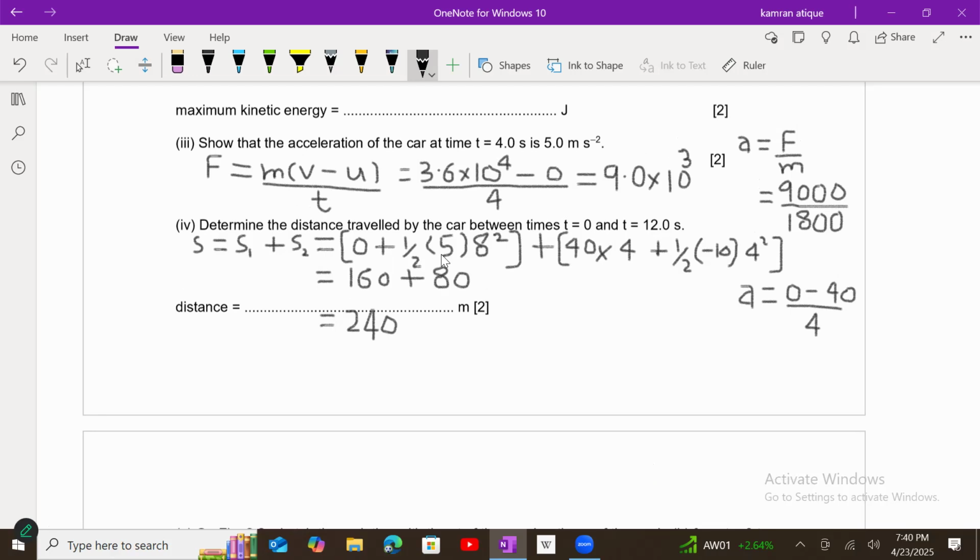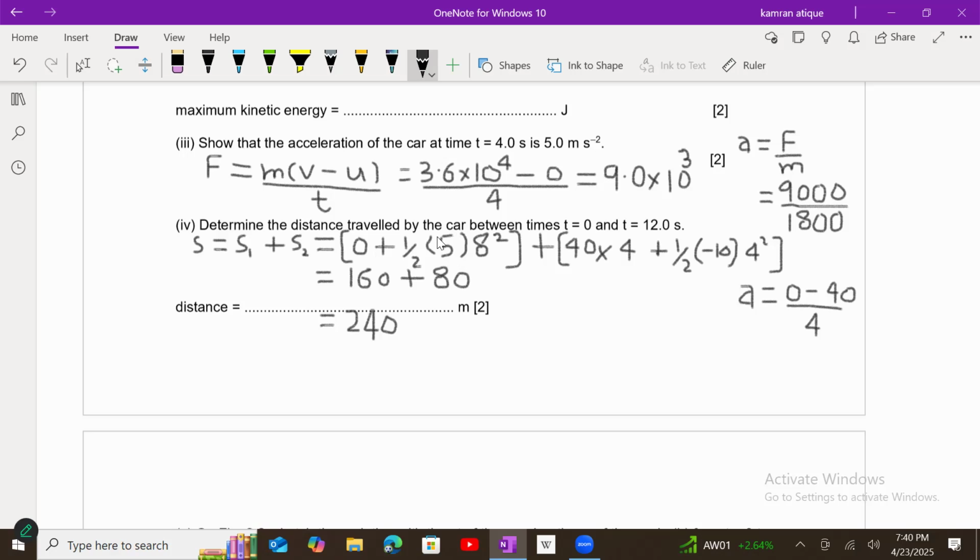And remember, my child, the equations v equals u plus at, s equals ut plus half at square, and the third one, v square minus u square equals 2as. All these three equations can only be applied if the car is moving with uniform acceleration, and the car is moving with uniform acceleration in the present case.